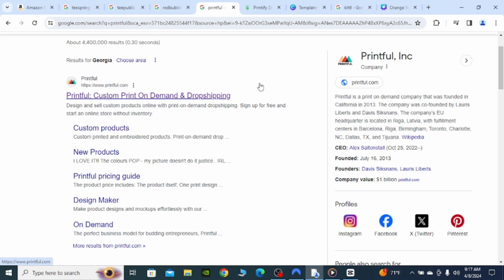And you don't need to do anything, you get your profit. For example, if they charge $10 for printing and delivering, and you listed the t-shirt at maybe $17, the $7 is the profit. They will charge your credit card $10 and the $7 you keep, because that's your profit.